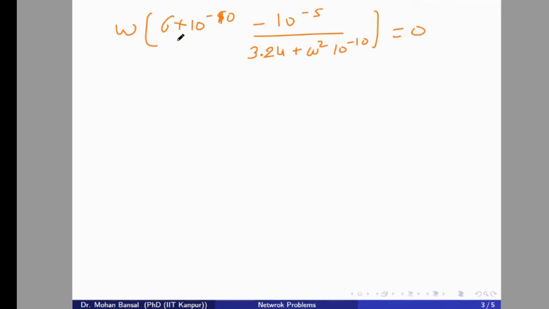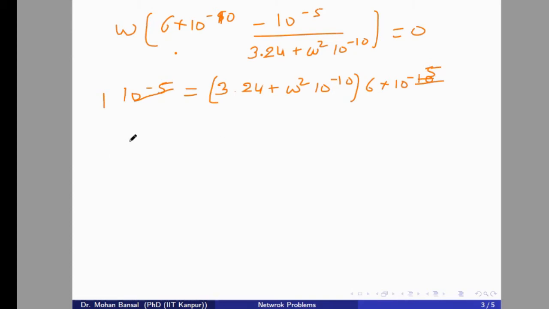So this omega will be 0, and now we will equate it and we'll get 10 to the power minus 5 equal to 3.24 plus omega square into 10 to the power minus 10, into 6 into 10 to the power minus 10. And here this will be cancelled out. Here we will get 1, here we will get 10 to the power minus 5.